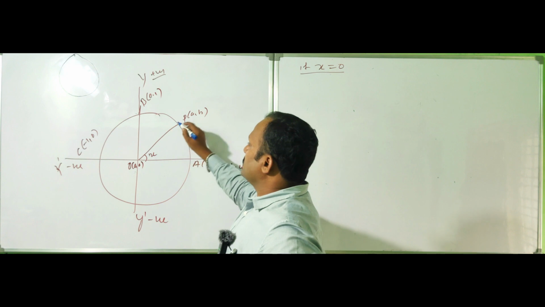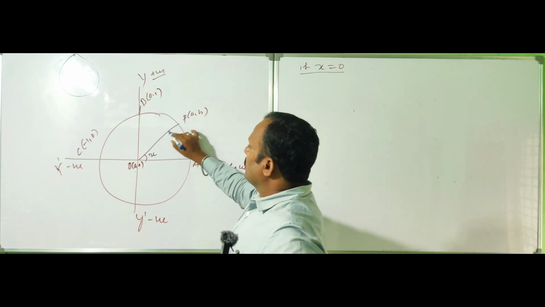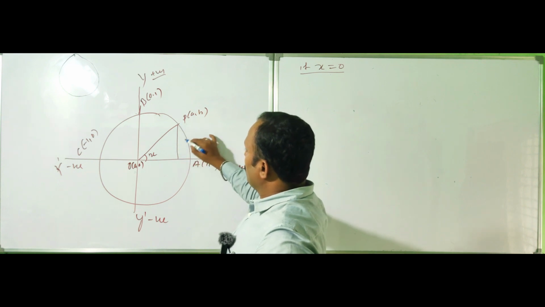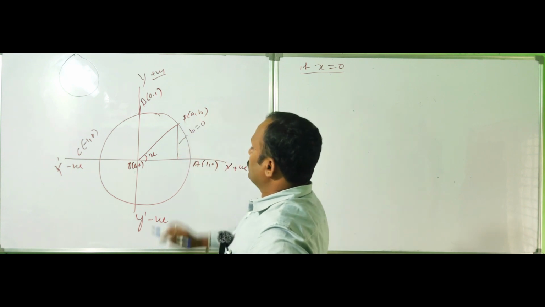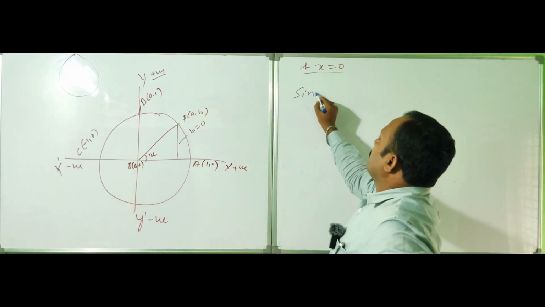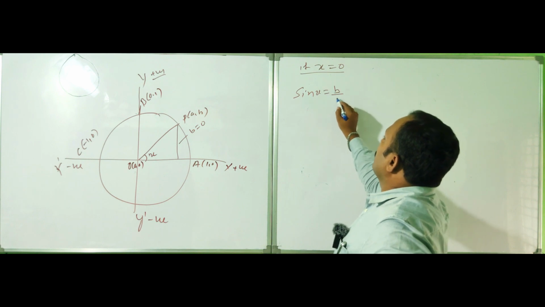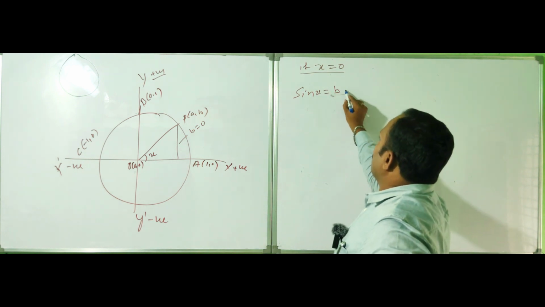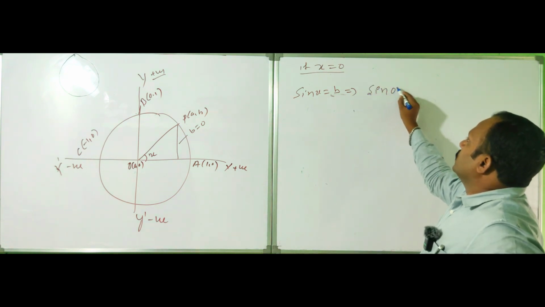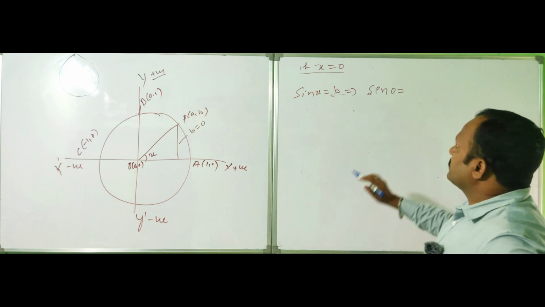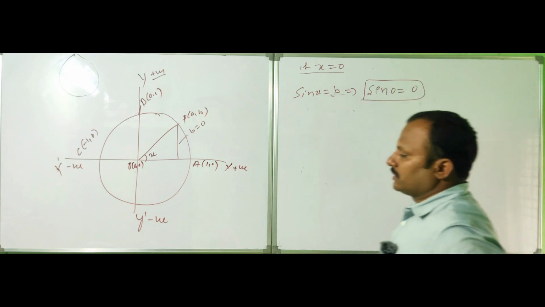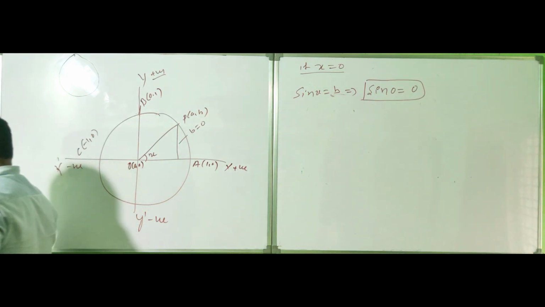Okay, sir, 0 means this becomes 1. Here the b becomes 0. Therefore, sin x is equal to b, directly connecting b, which implies that sin of 0 is equal to b, which is also 0.